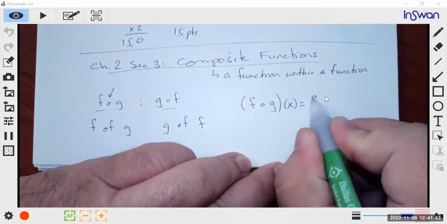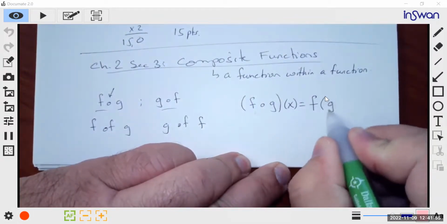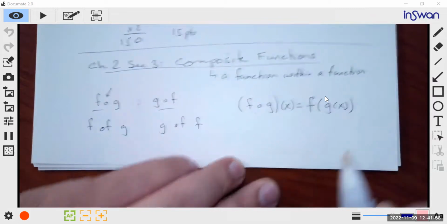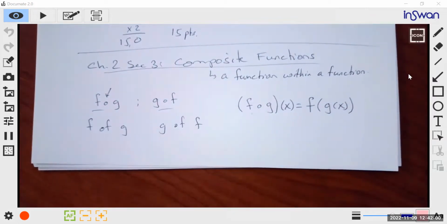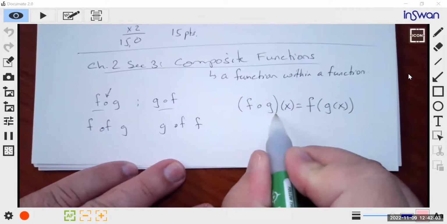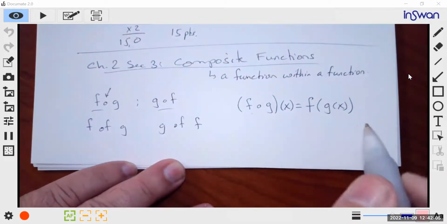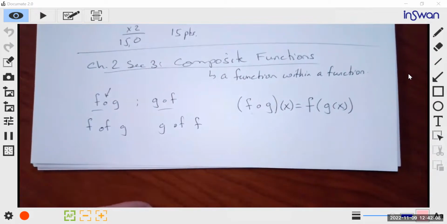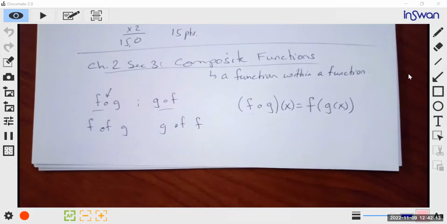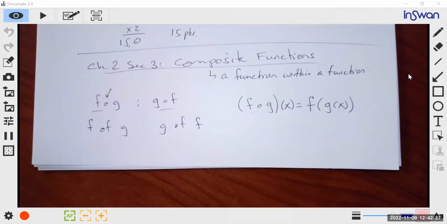What it means is the function g is the input, is the variable for the function f. That's the function within a function. Okay, it looks ugly, but it's much easier than it looks.